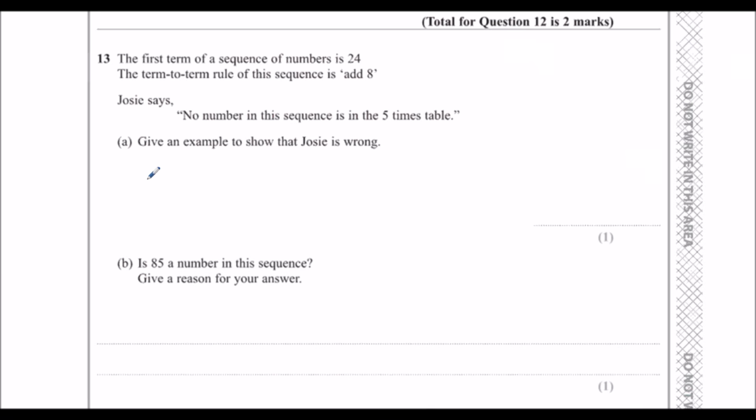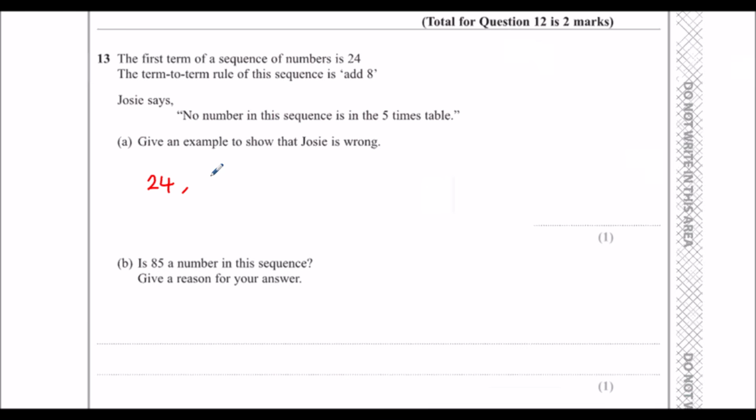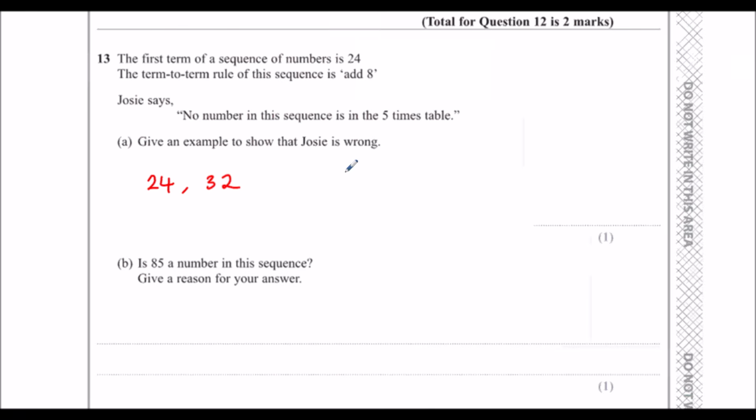So the first term is 24. Then we add 8 for the next one. So 24 plus 8 is 32. And then we add 8 again. So the next term is 40. And 40 is in the 5 times table.